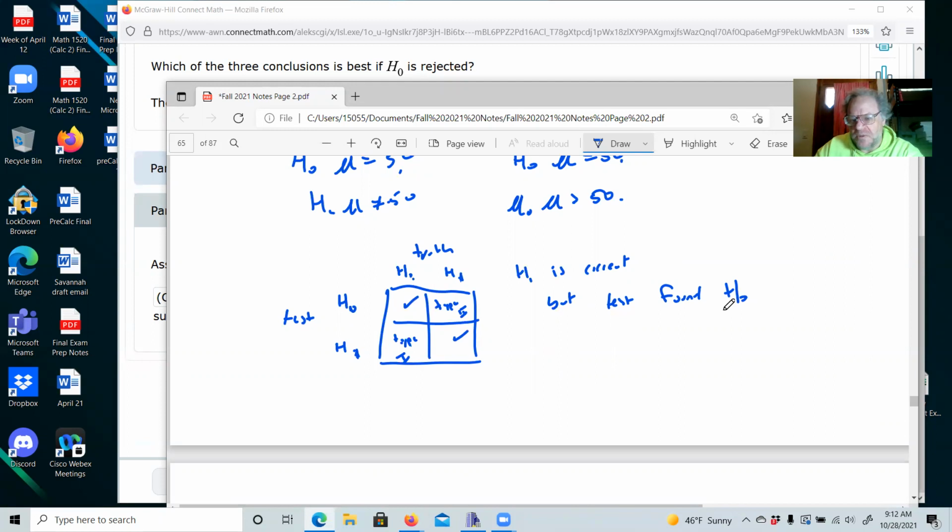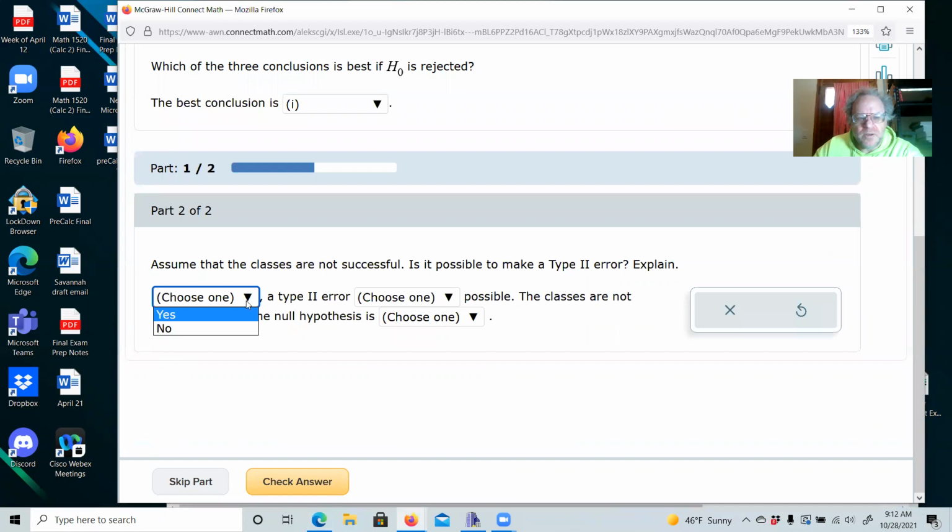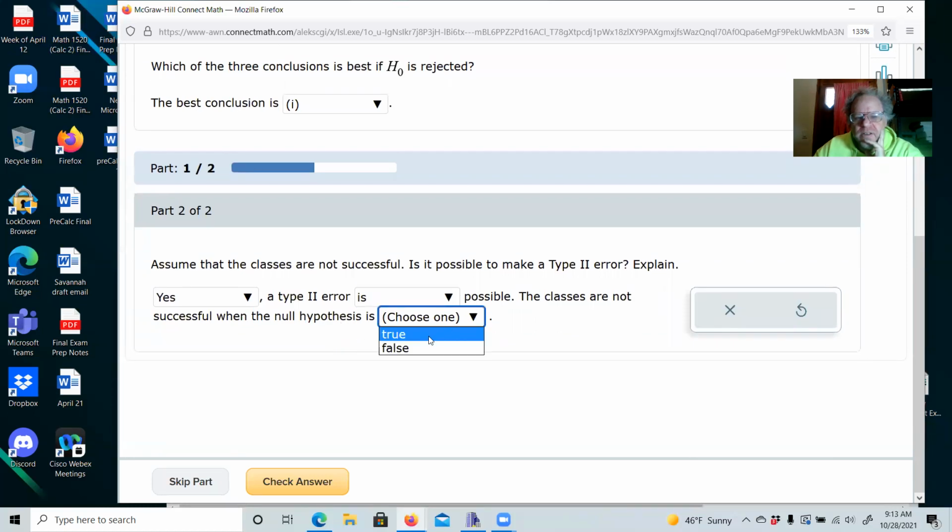So we've taken H0, even though the classes were correct. So yes, a type 2 error is possible. The classes are not successful when the null hypothesis is true. No. Just going back to look at it.